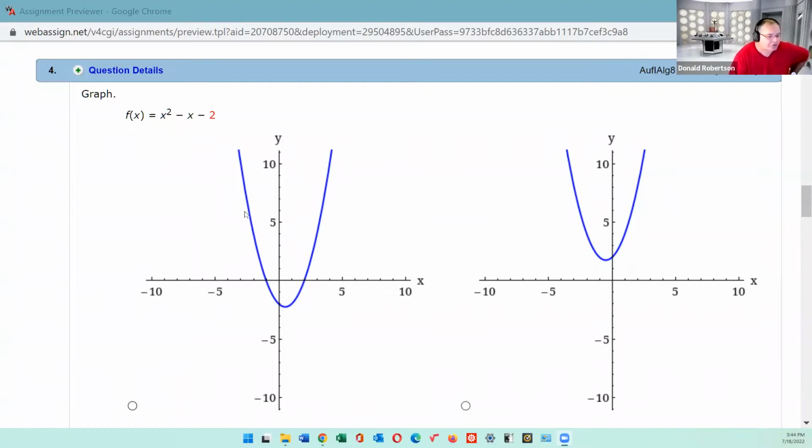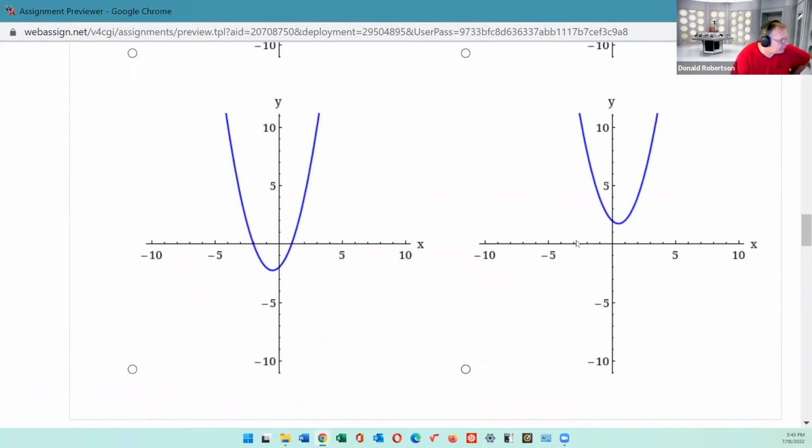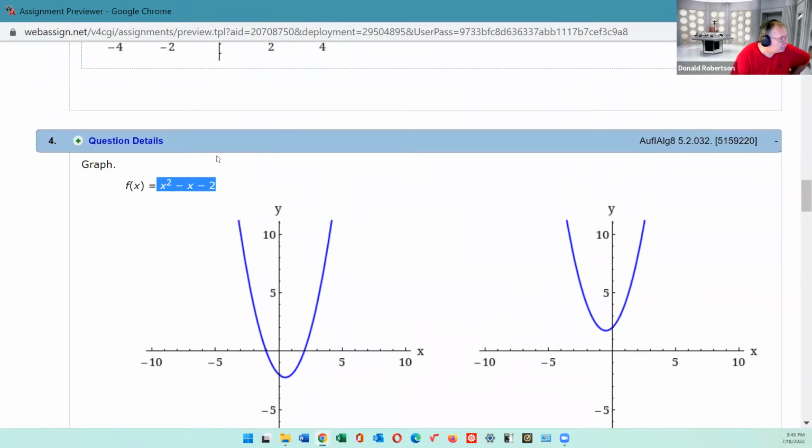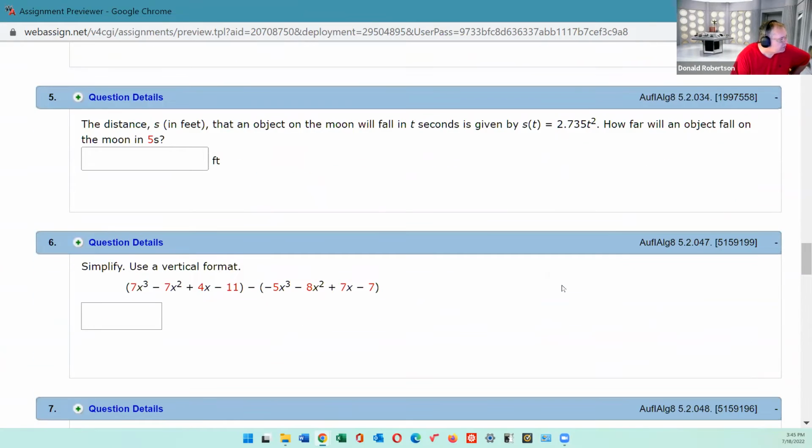So for instance, in this case here, let me just double check that I'm actually in. Yes, I am. Right, if you wanted to do this one, you would plug it into Desmos, and one of these 4 pictures that you see here would correspond to that guy. And let's just pretend it's that one, then you click on that.